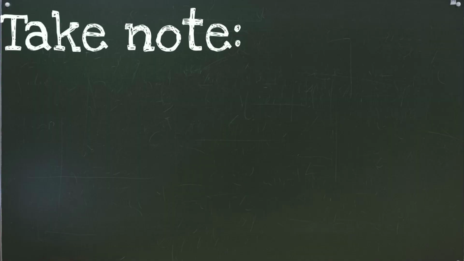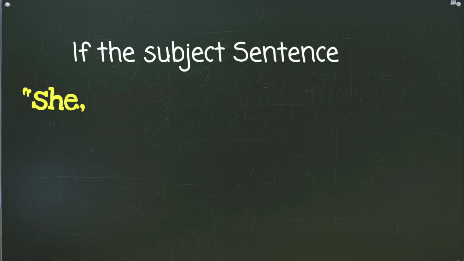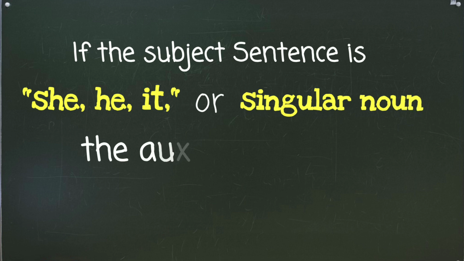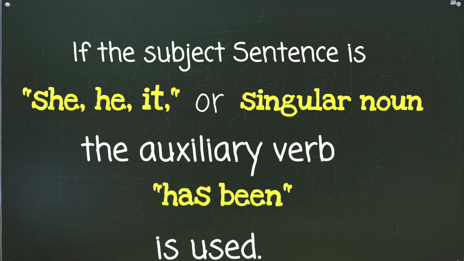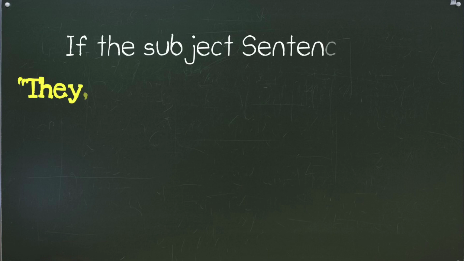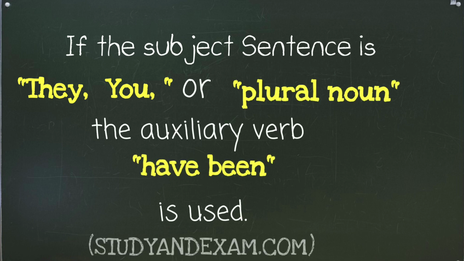Take note, if the subject of the sentence is she, he, it, or a singular noun, the auxiliary verb has been is used. If the subject of the sentence is they, you, or a plural noun, the auxiliary verb have been is used.